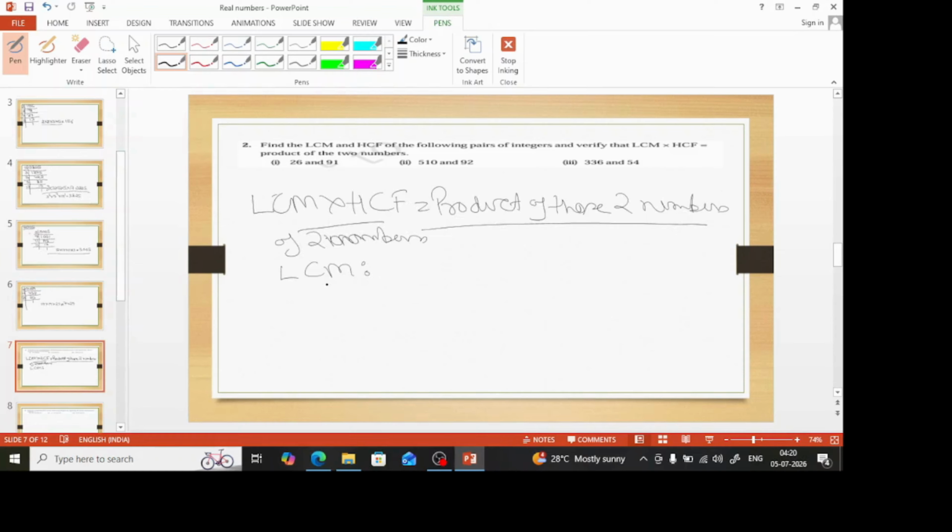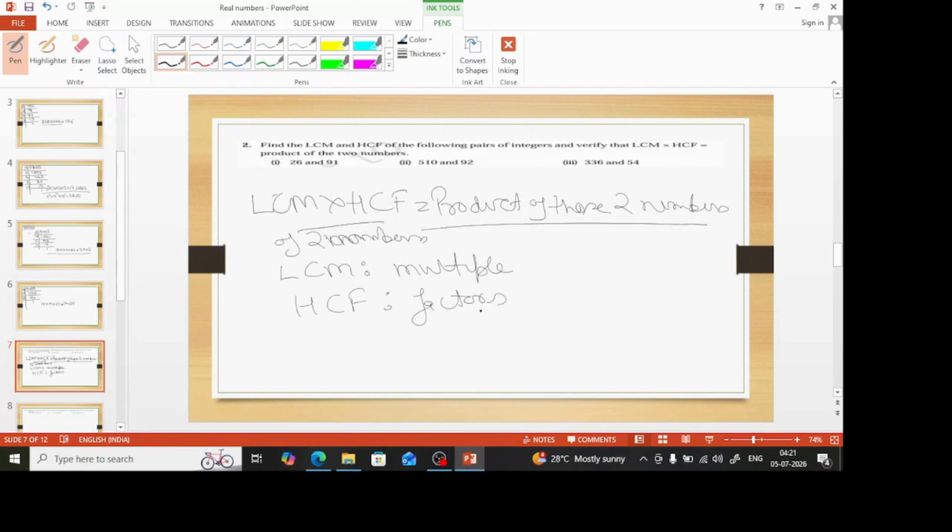LCM means least common multiple. How we calculate the LCM and how we calculate the HCF, I will tell you while doing the question. LCM means least common multiple, and HCF, highest common factor.